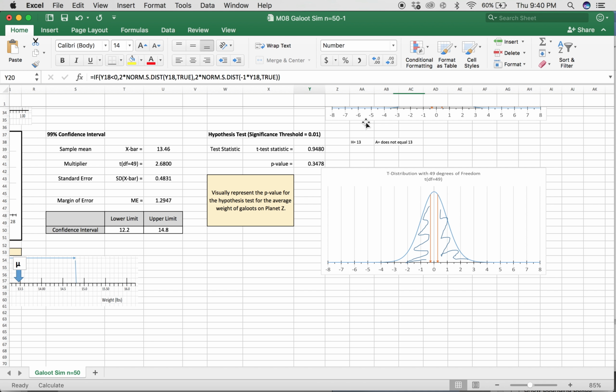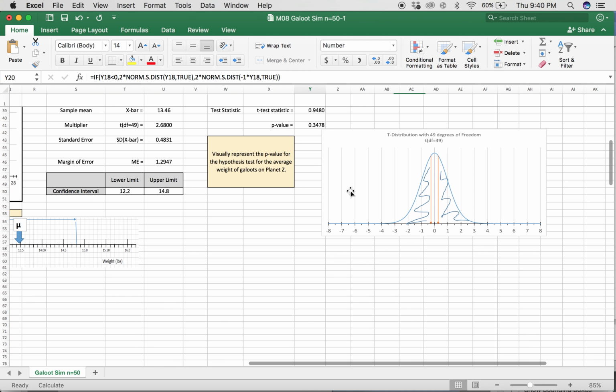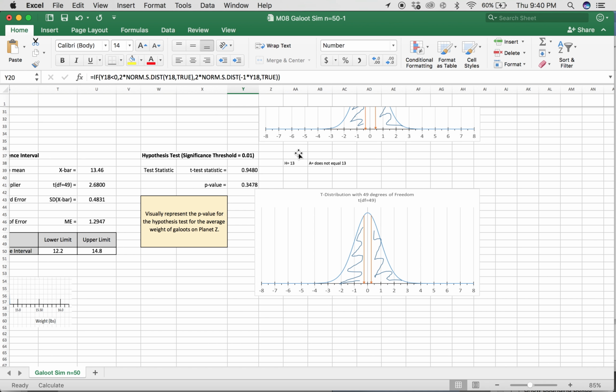My null hypothesis was that the average weight for galoots is 13 pounds, and the alternative is that it doesn't equal 13 pounds. Again, we cannot reject the null hypothesis.